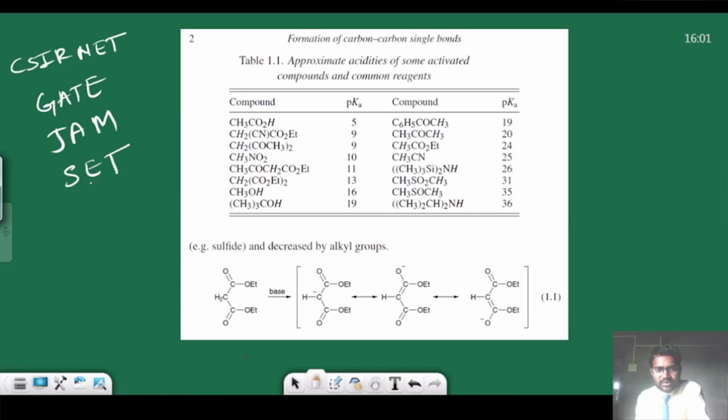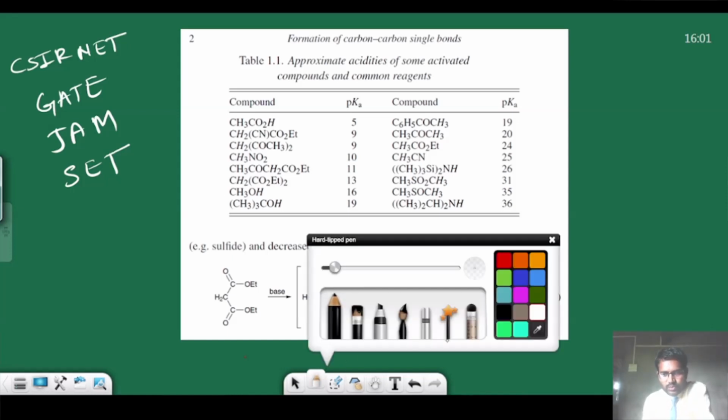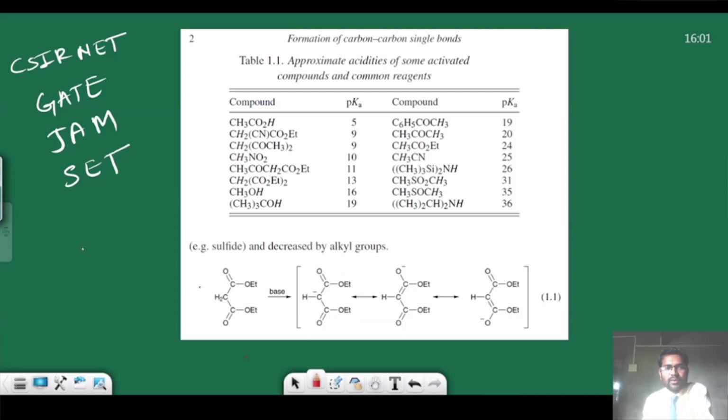The examples of this book are very important. As far as my knowledge is concerned, this is a very important book, and we need to solve the examples of this particular book. Today we will discuss some of the examples of chapter number 1.